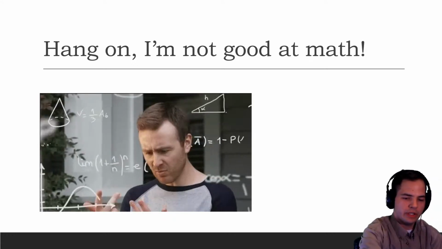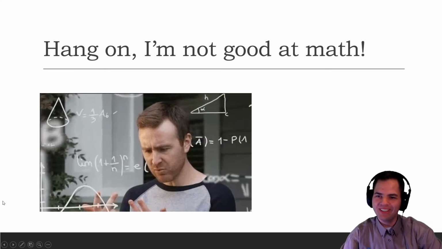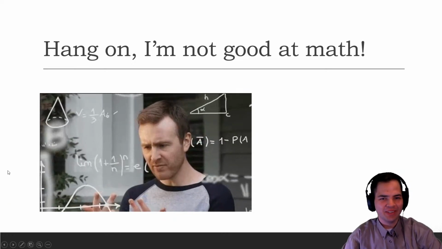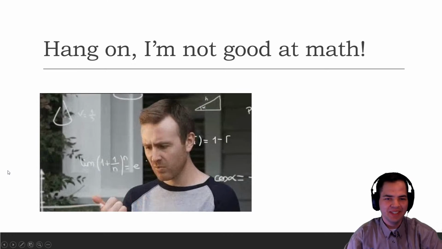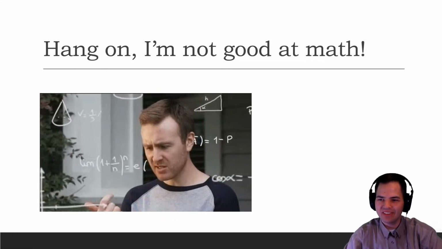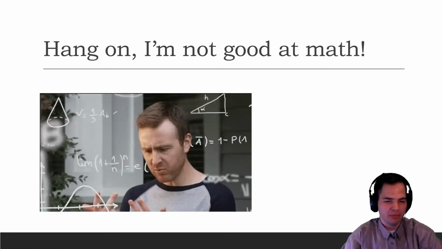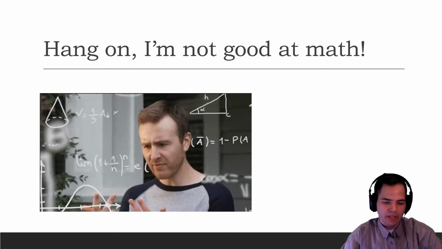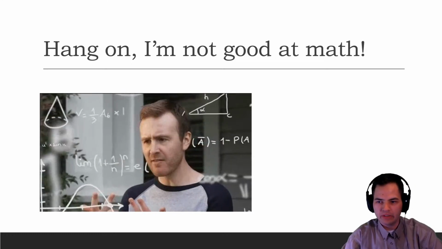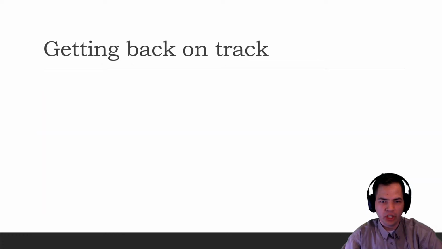My goal tonight is to not make you think like this guy, but to have you thinking, yeah, I can understand what that problem is and what we're doing. Probably a bit of a shorter one tonight, but a couple of things to chat about.